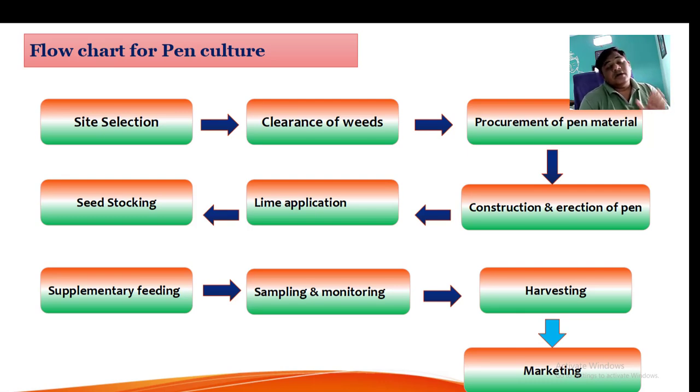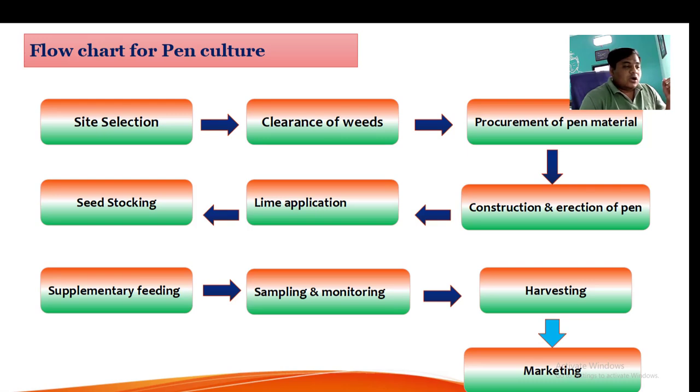Then another important criterion is the supplementary feeding, that is the artificial feeding. No doubt in the water the natural food is there, in the form of plankton, zooplankton and other material. But if you want more production of fishes, then you have to give artificial feed.